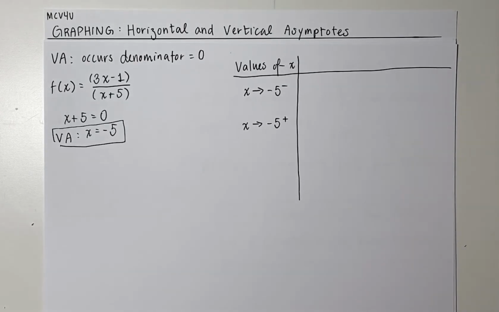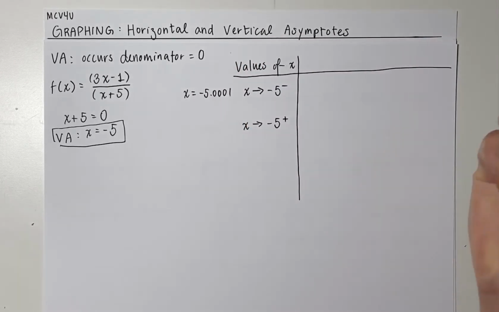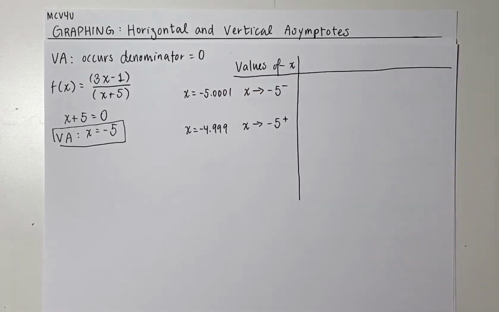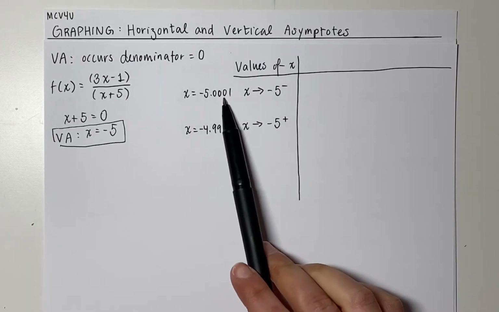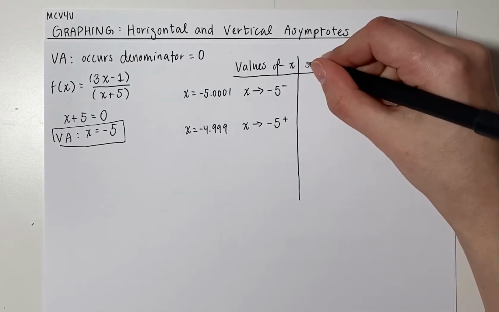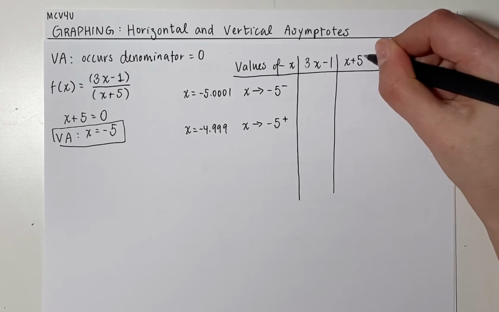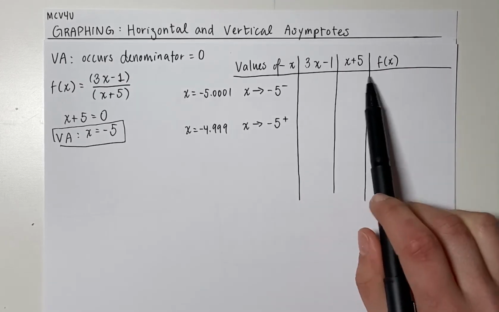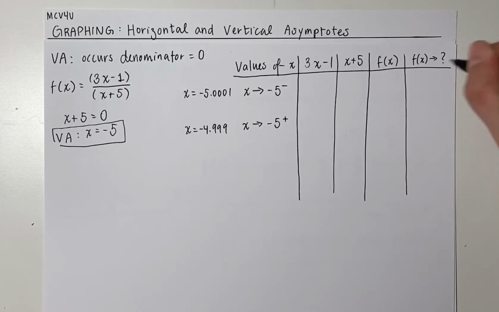We can take x equals negative 5.0001, and here we can use x equals negative 4.9999. This is a point to the left side of negative 5, and this one's to the right side. We'll take our numerator, 3x minus 1, our denominator, x plus 5, and then our overall function, 3x minus 1 over x plus 5. And in this last column, we'll write what the behavior is.